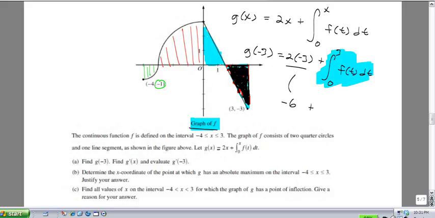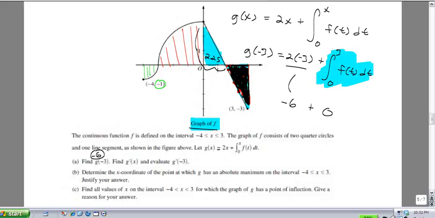This has an area of 1.5 by 3. So 1.5 times 3 is 4.5, and then cut that in half, you get 2.25. I think we'll probably need that later. 2.25, and then the other one is negative 2.25, so that'll be plus 0. So the answer to this is negative 6.